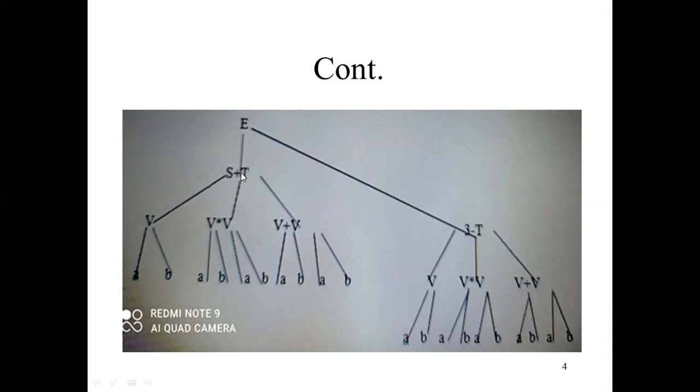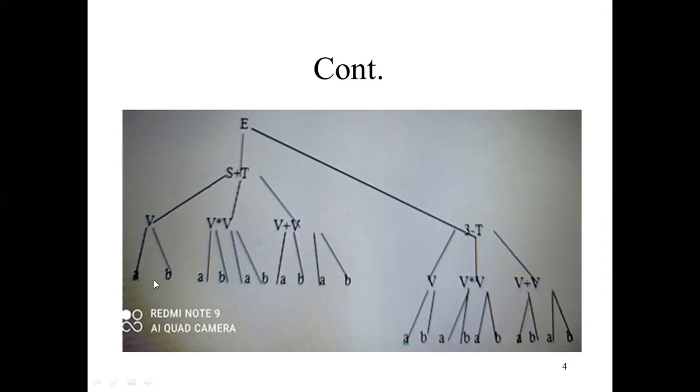Come, S plus T has three options: V or V star V or V plus V. We have three options and it is also mentioned in the problem. You have already seen V, V star V, V plus V. Similarly, 3 minus T also has the same options: V, V star V, V plus V. And for each V we have two options as per the grammar mentioned in the problem.